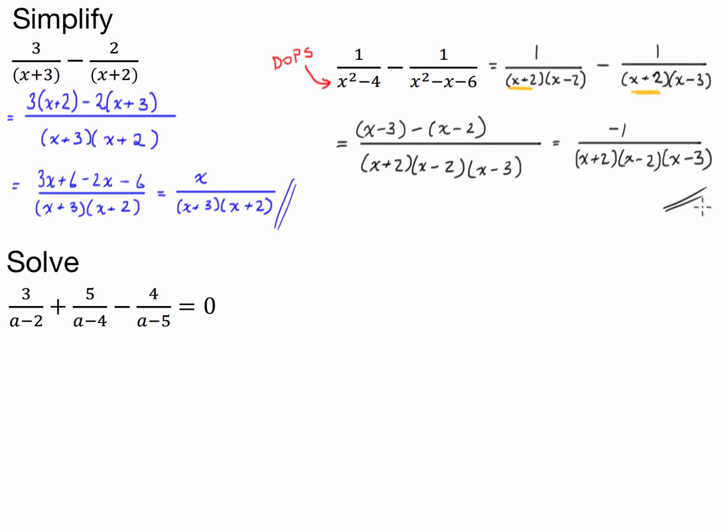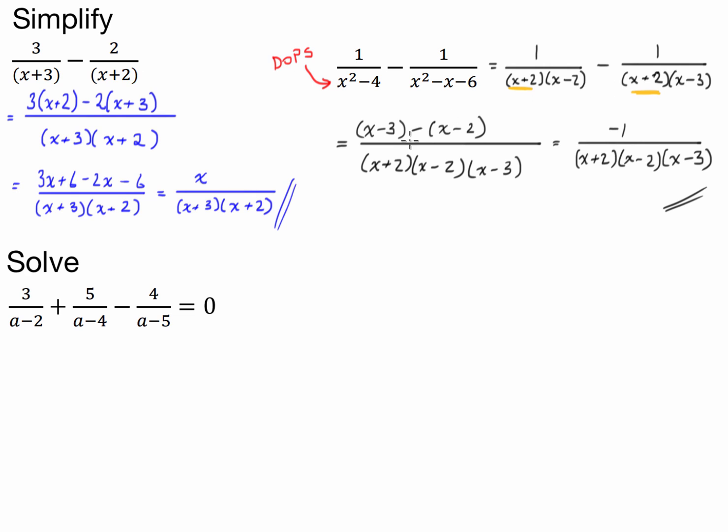Cool. So here, what we had to do first is factorize our denominators so we could figure out what factors they had in common, and then after we did that, we would know what we have to multiply each of them by to get our common denominator.